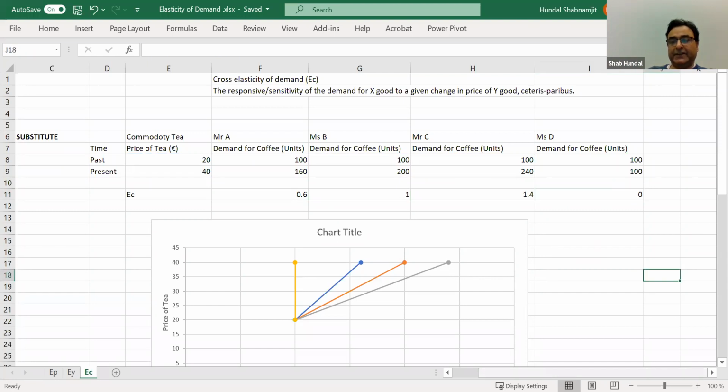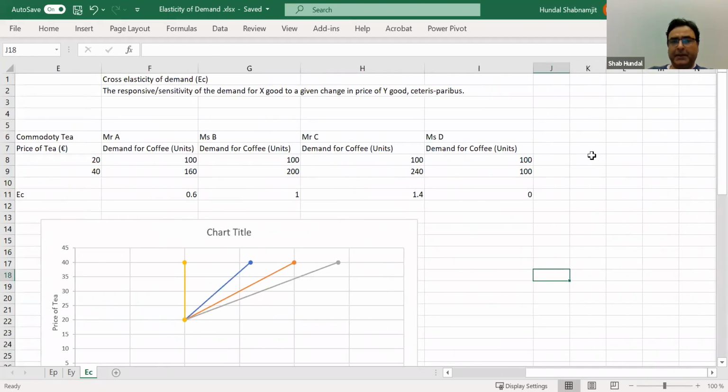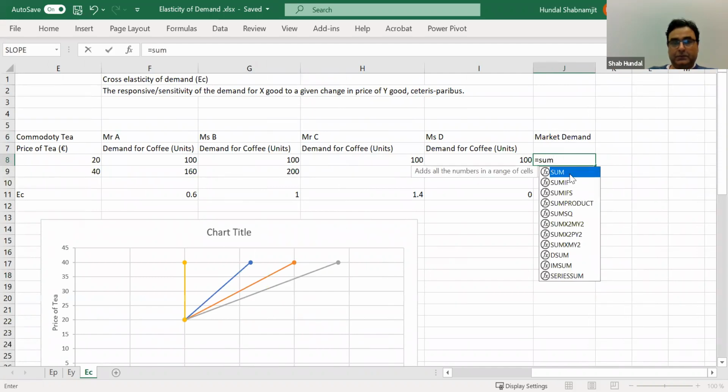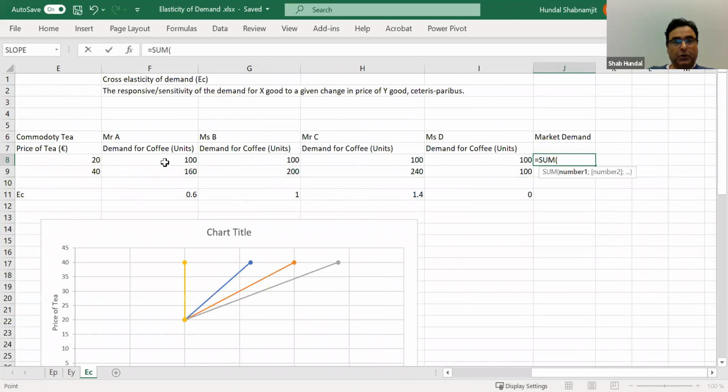Okay, and once again, you can have the market demand, which is the sum of all the four consumers.